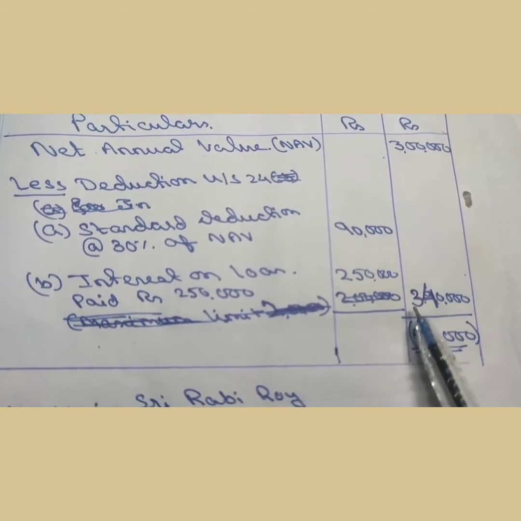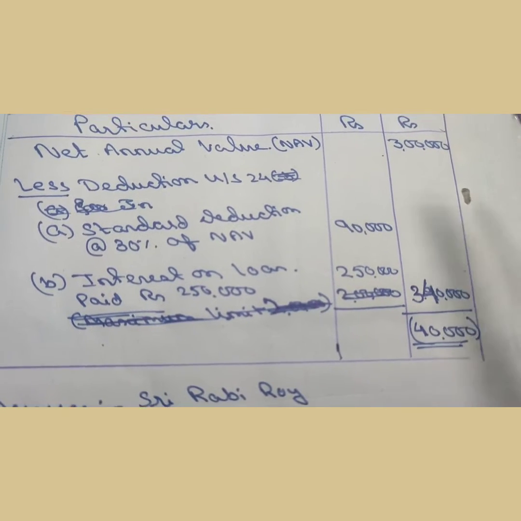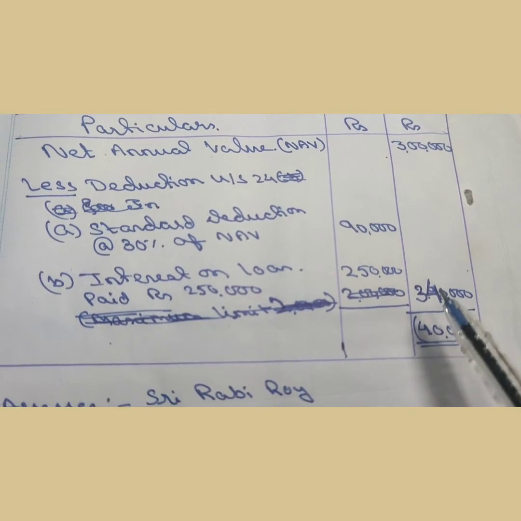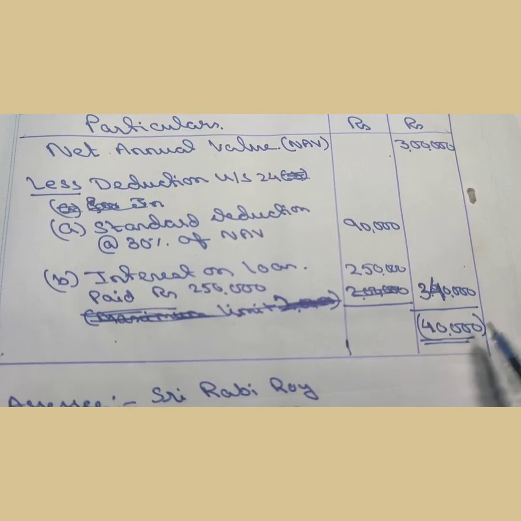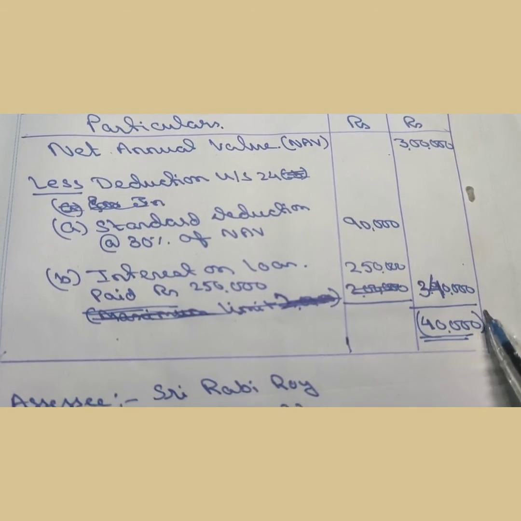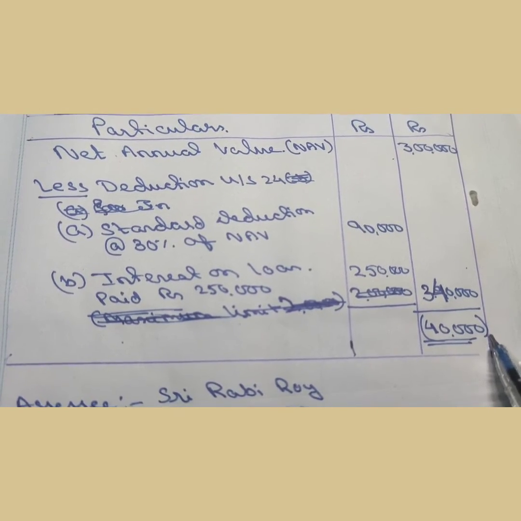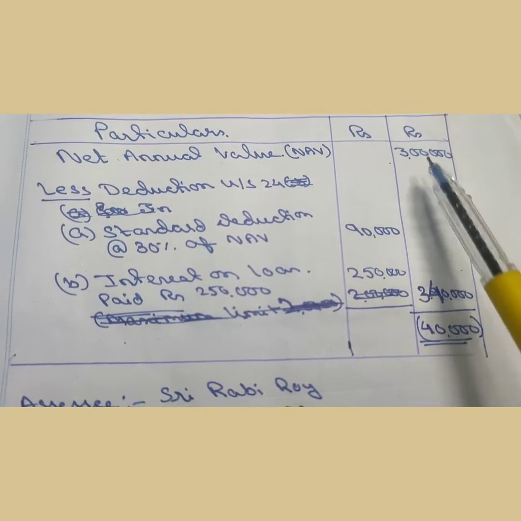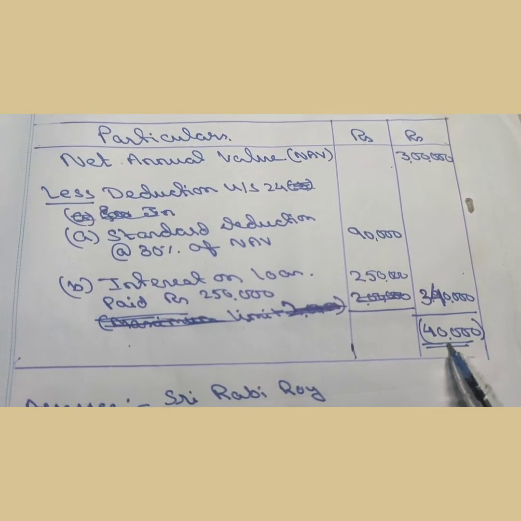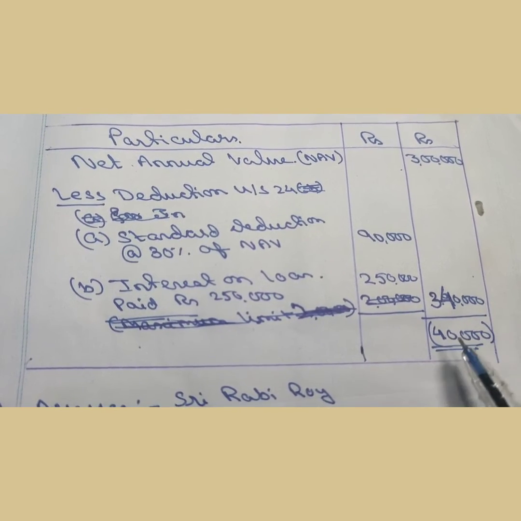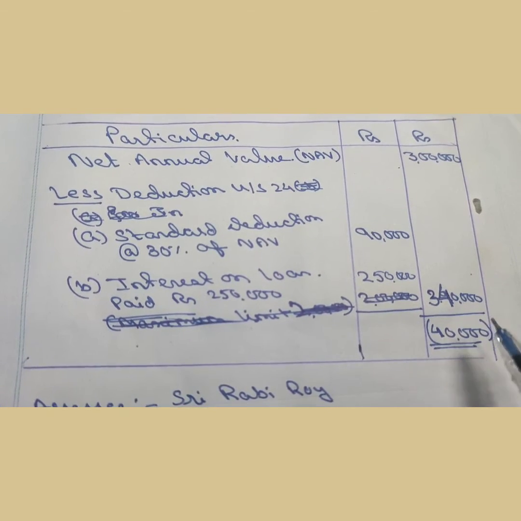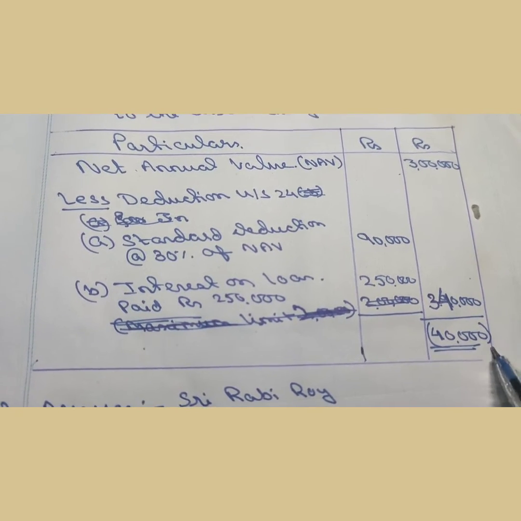That is the sum total of rupees 90,000 and 2,50,000. It will come 3,40,000. So from the net annual value, we have deducted this 3,40,000, and it comes a negative income of rupees 40,000. That means here, though it is a let out house, it can happen that a negative income will come.